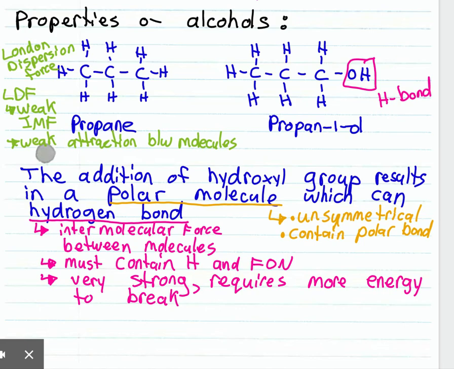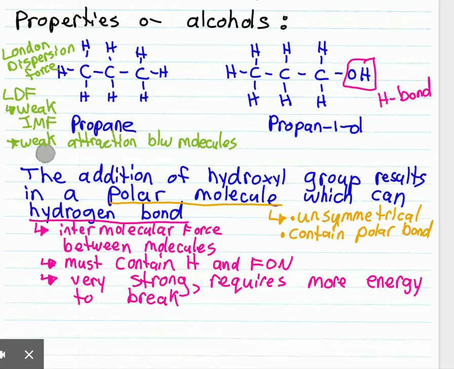And then the ability to hydrogen bond is what allows some things to be soluble. So by adding this hydroxyl group, you went from something that was non-polar, so it's going to have a relatively low melting and boiling point, and it's going to be insoluble, to something that's going to have a higher melting and boiling point, and that is going to be soluble, so dissolvable.